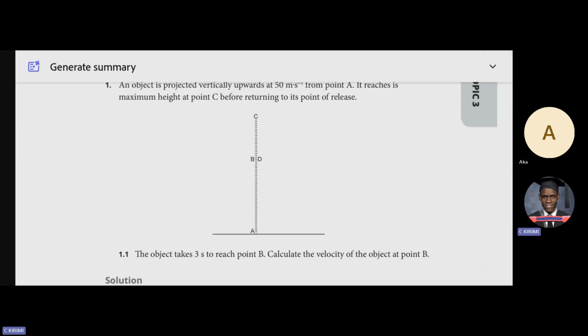The time from A to C, what time did it take? From A to C. Time taken from A to C, maximum height.